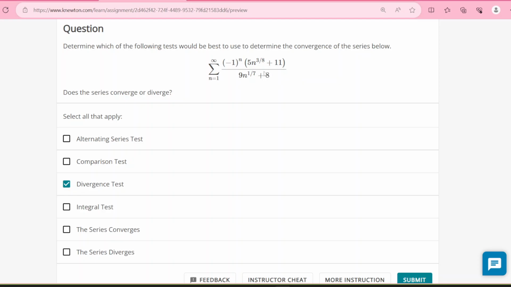Do the terms approach 0? Is the limit of the term 0? Because if it's not, then it's divergent right away. You don't have to do any other kind of test. So I'd say the divergence test was best. And again, because the terms aren't going to 0, the series would diverge.